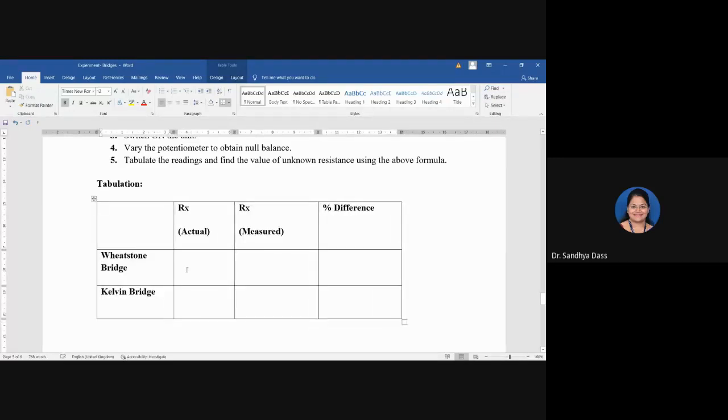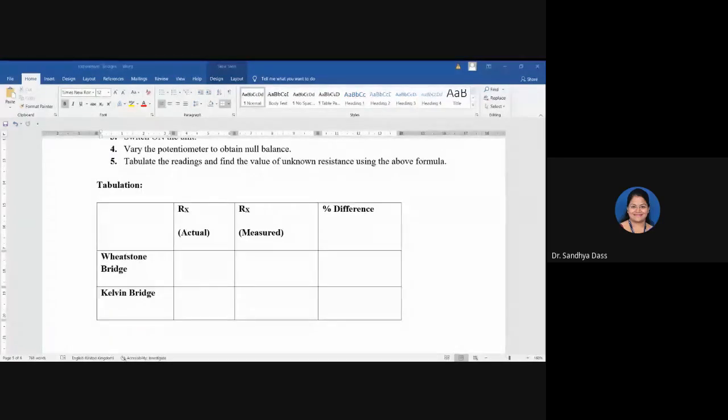So using the Wheatstone bridge, what's the actual value of the unknown resistance and the measured value using the balance equation condition. And even in Kelvin, what's the actual value of Rx and what was the measured value. So you will find the percentage difference of the actual and the measured value.